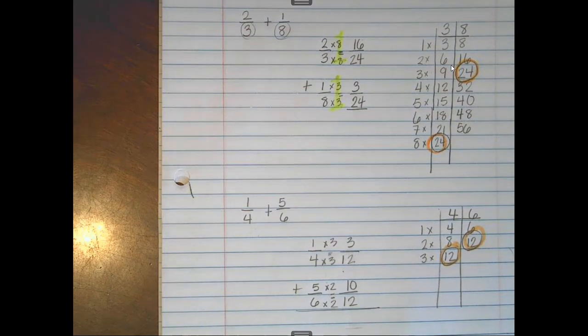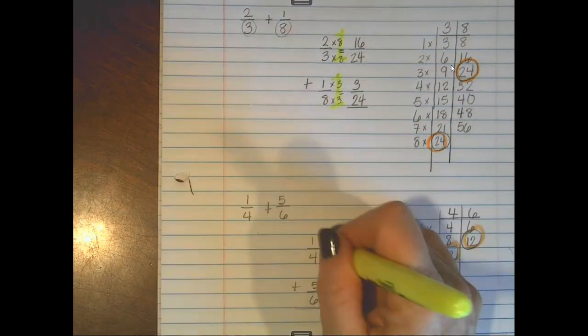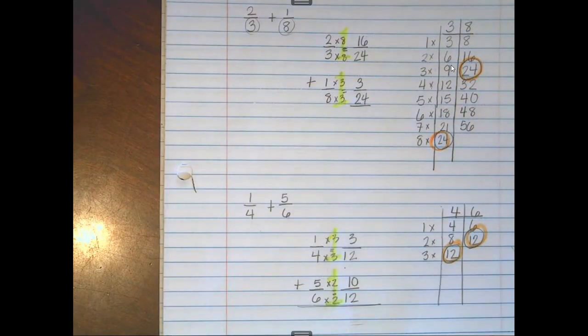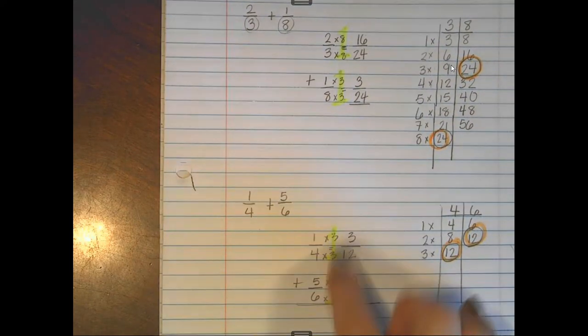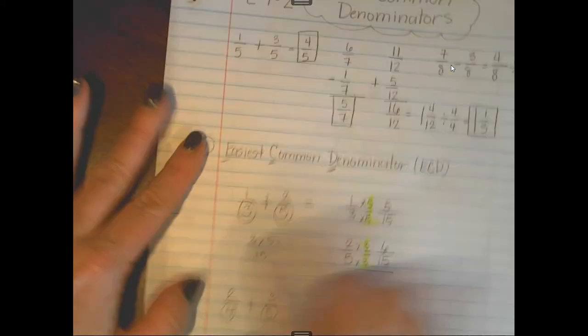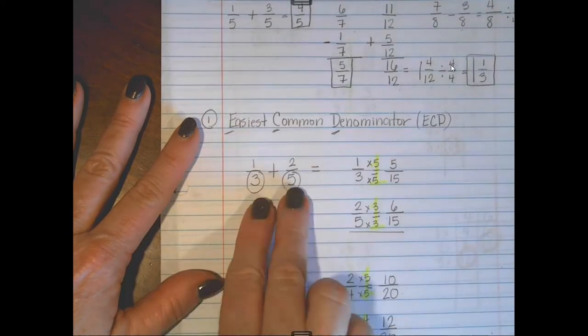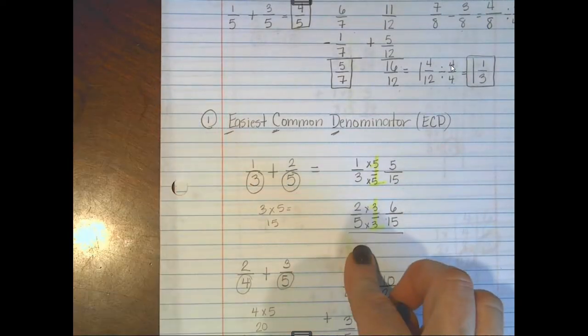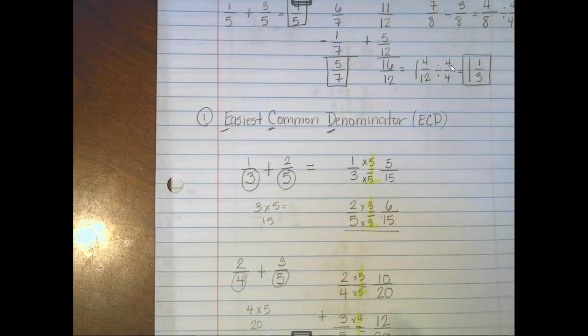All right, so we have our equivalent fractions. We see how we scaled up both the numerator and the denominator of both of the add-ins by a form of 1. We would do this whether we were adding or subtracting, okay? So we've looked at 3 different ways. We've looked at the easiest common denominator, where we multiply the 2 denominators together and use that as the common denominator, and then we set up our equivalent fractions.